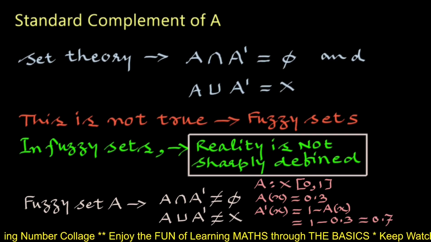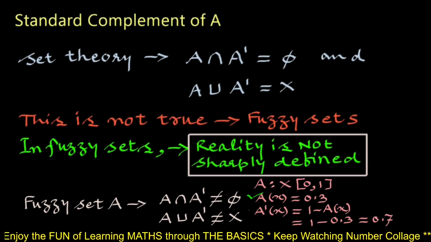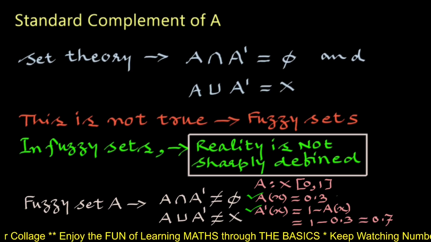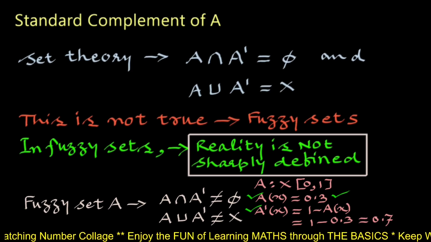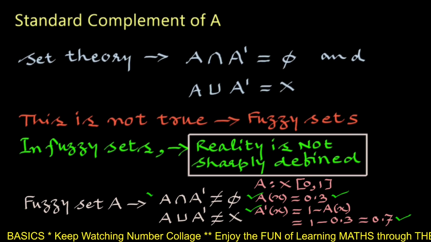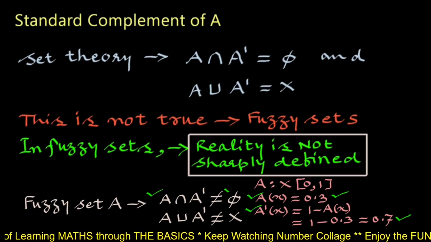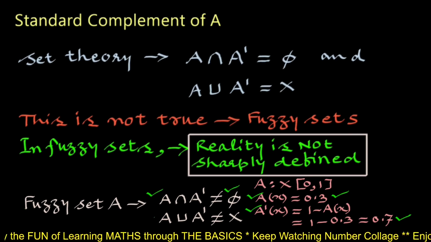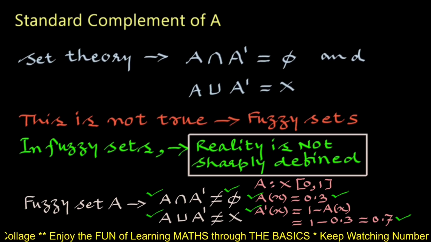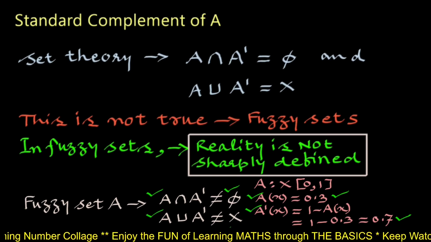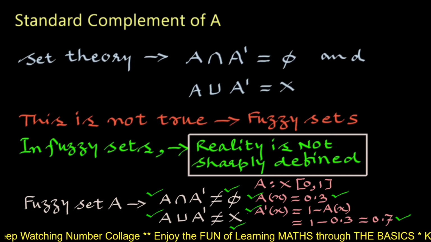We observe that since A of X and A dash of X contain at least one element, therefore A intersection A dash is not an empty set phi and A union A dash is not the universal set X.